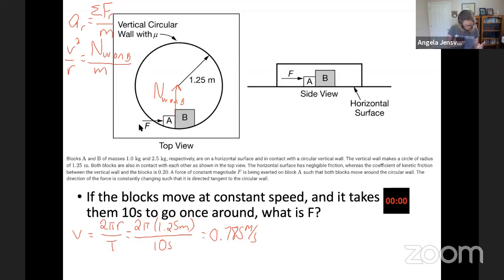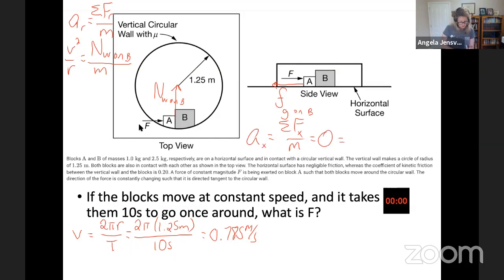Okay, so we're trying to find F, right? So what do we know here? Let's look at the side view. We've got the applied force to the right. We know friction from the ground on the blocks would be pointing to the left. And if you look in the horizontal direction and apply Newton's second law, you know that the acceleration in the horizontal direction is 0.